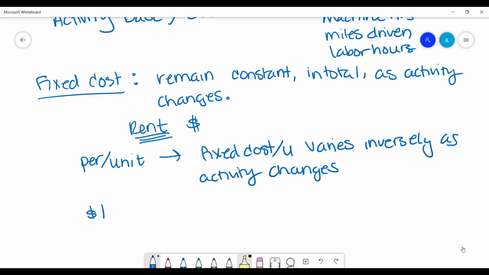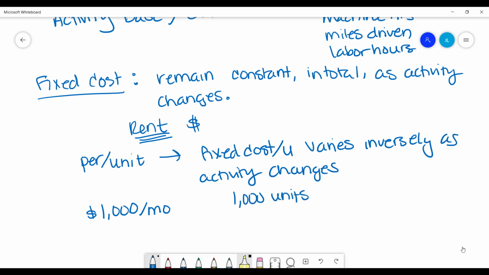Well, let's assume our rent is $1,000 a month to rent that factory space. That's not going to change. However I choose to use that factory, I'm still going to pay $1,000 a month whether I make 1 unit or 1,000 units of product. So let's say I make 1,000 units.